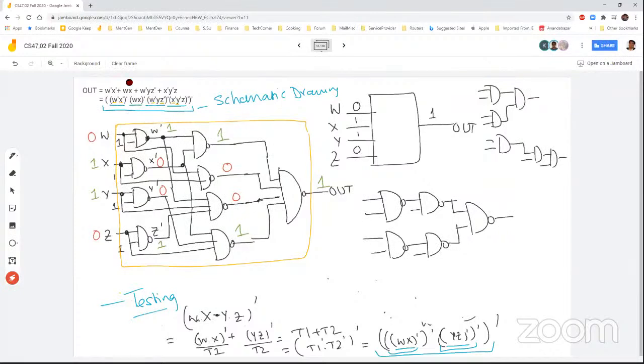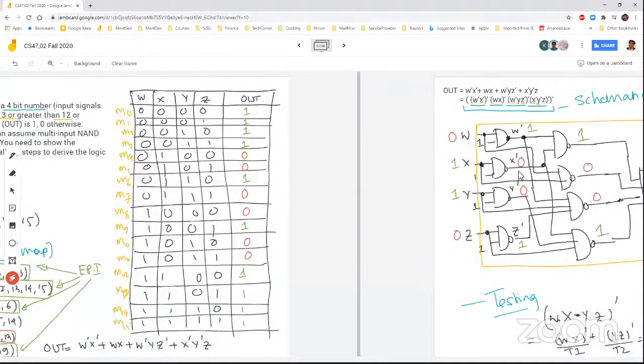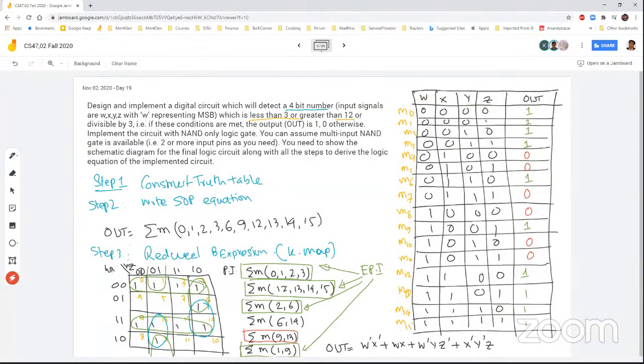Or the problem can be the other way, given the circuit itself, now reverse engineer that. Given this circuit, you need to come up with the truth table. That can be another type of problem.